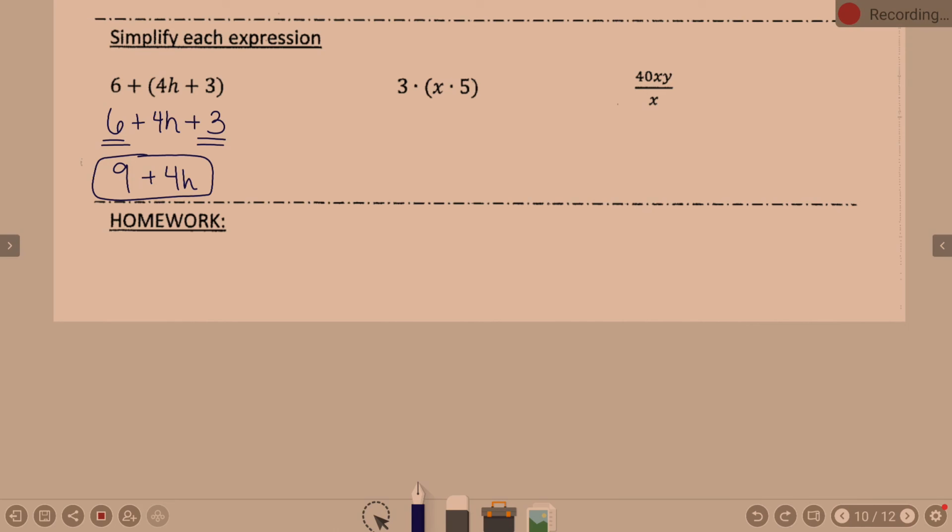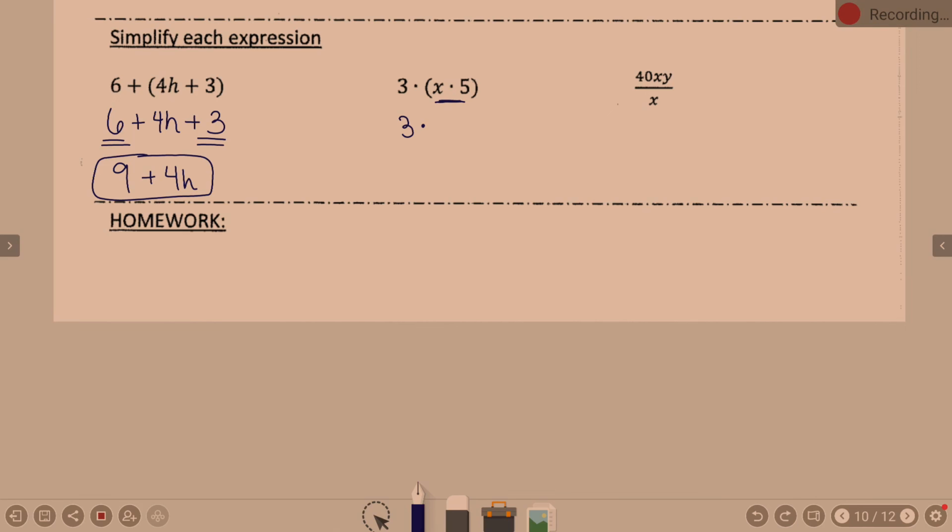Now, what about multiplying? In that case, you have to do 3x times 5. Technically, if going by the parentheses, we need to do x times 5. And what is x times 5? You could say x5.